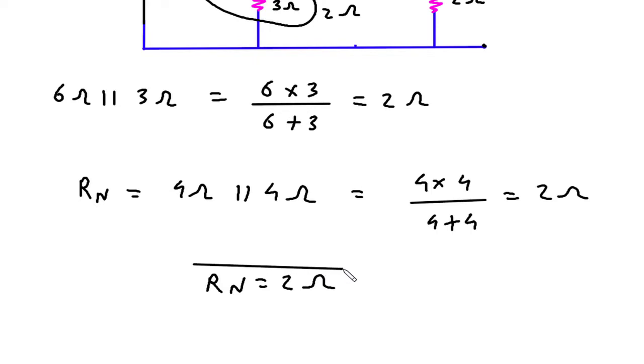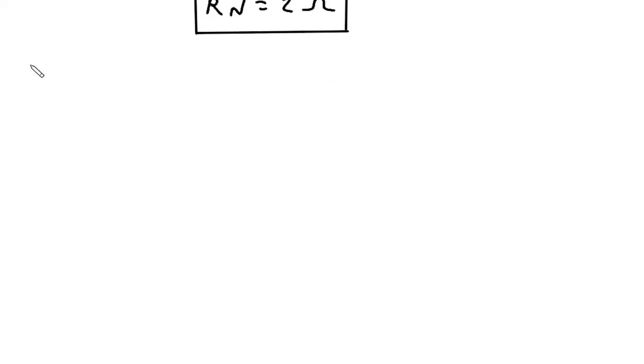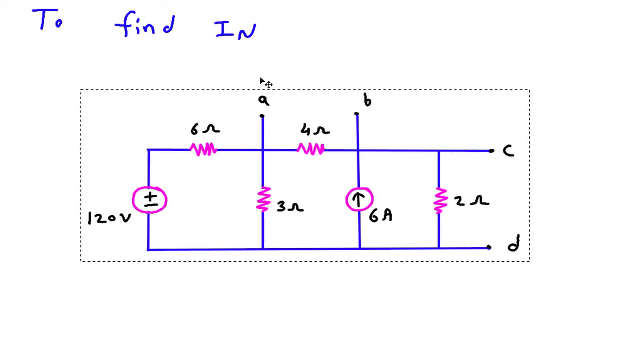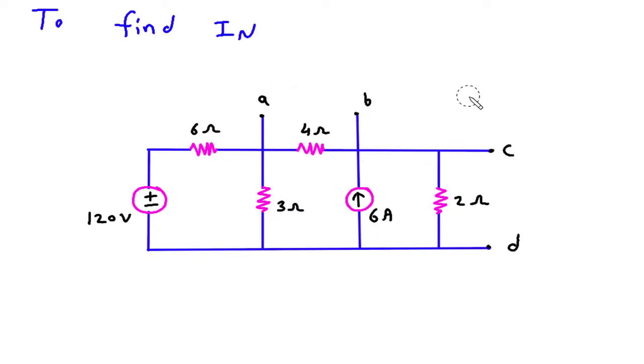Next we have to find In. So to find In, we will short circuit the terminal AB, and this will be In.